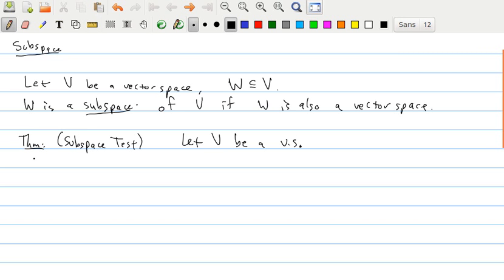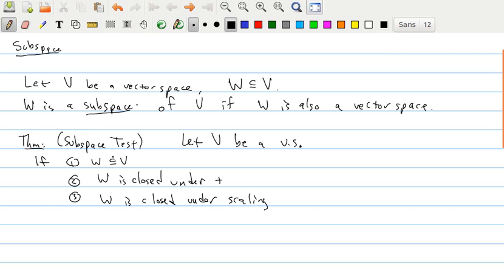then we've got three things to watch out for. So first up, W is a subset of V. So we have to have that every element of W is an element of V. Also, W is closed under vector addition, and W is closed under scalar multiplication.